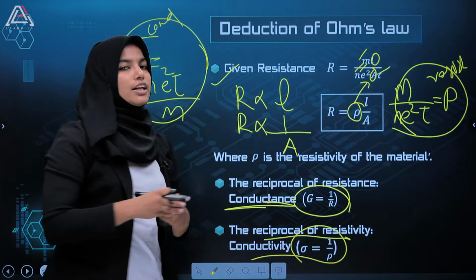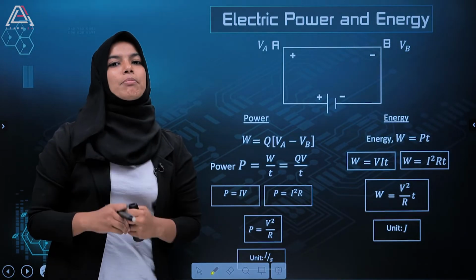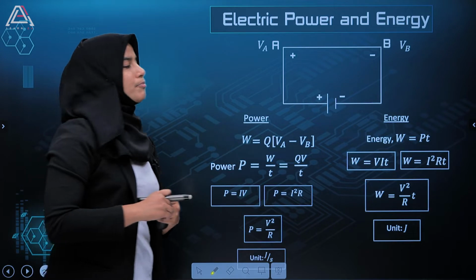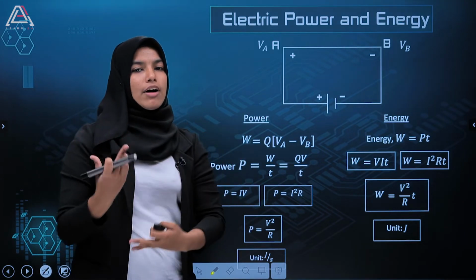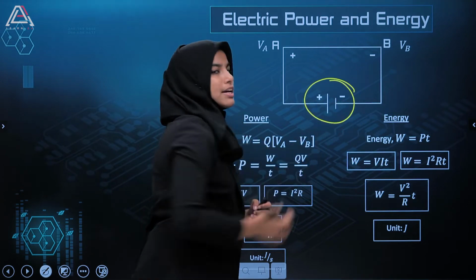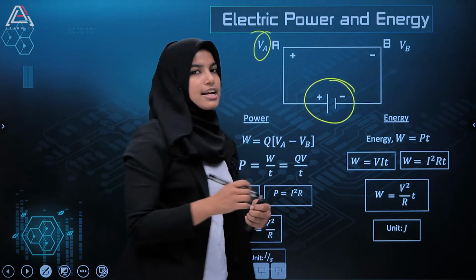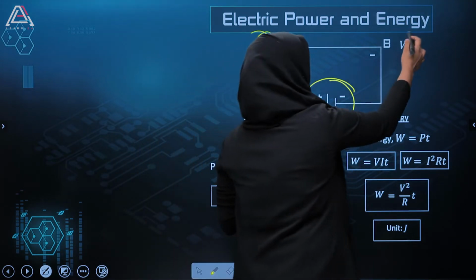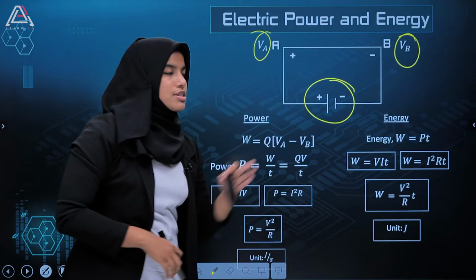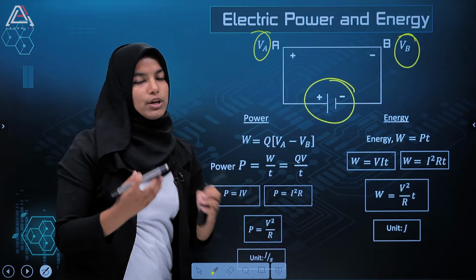Now let's look into two more terms: electric power and electric energy. So why power and why energy? Consider a terminal with plus and minus charge. It produces two voltages across point A and point B. The voltage across A is taken as VA and the voltage across B is taken as VB.